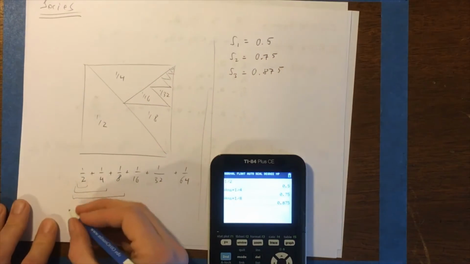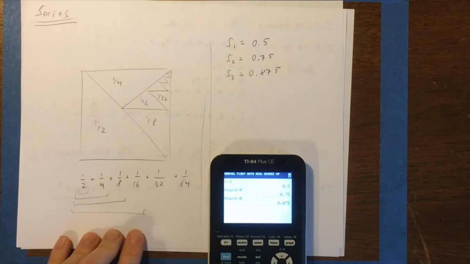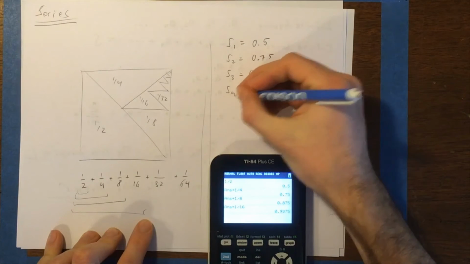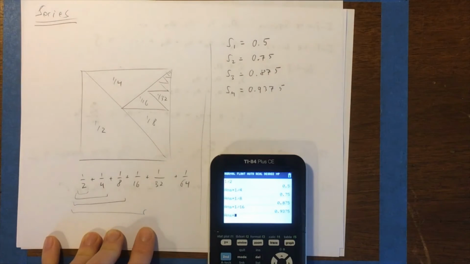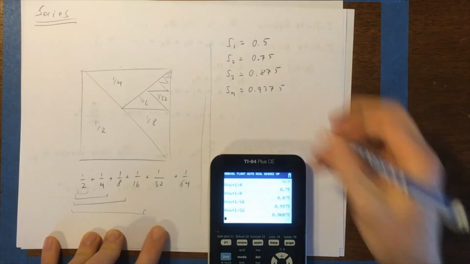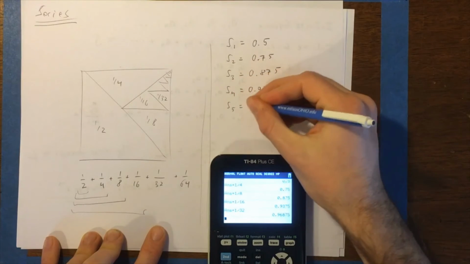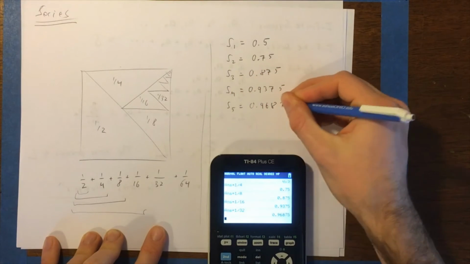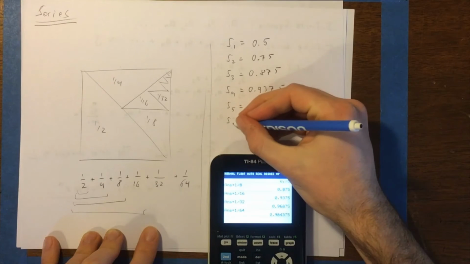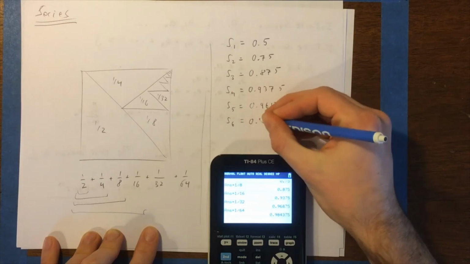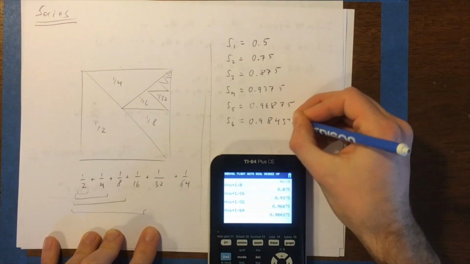Now let's add the 1/16 to get the next partial sum. S4 is equal to 0.9375. Plus 1/32, S5 is going to be 0.96875. Plus 1/64, S6 is going to be 0.984375.